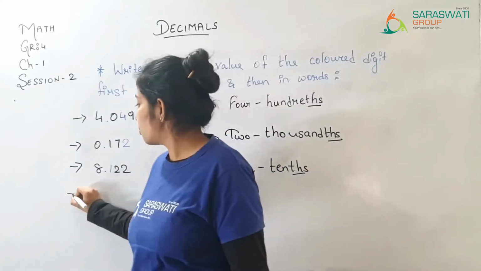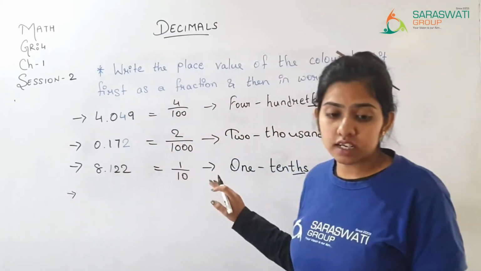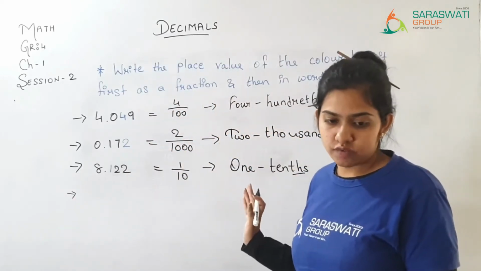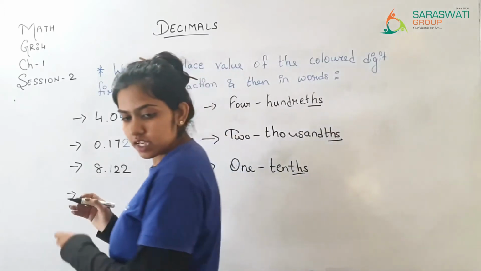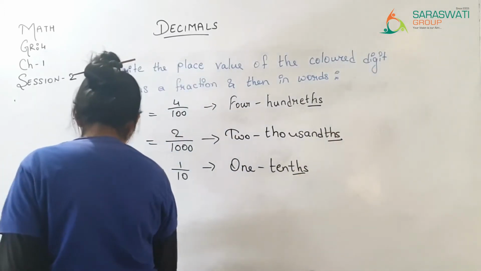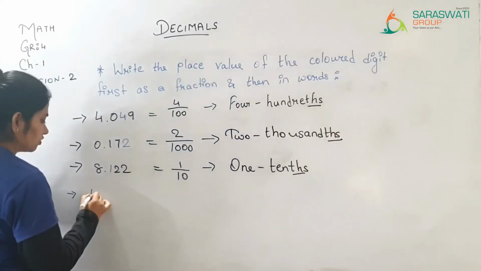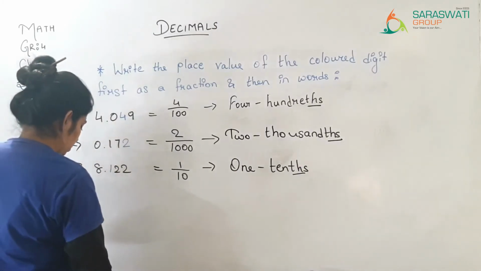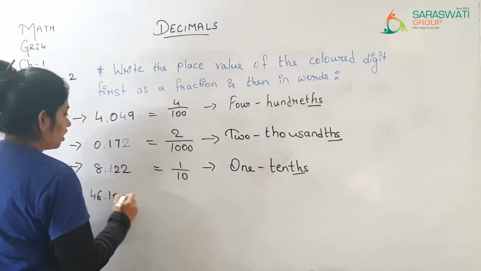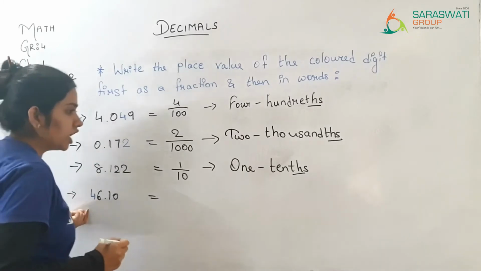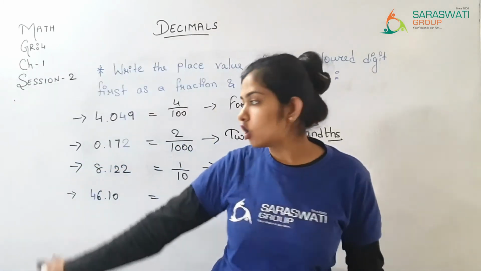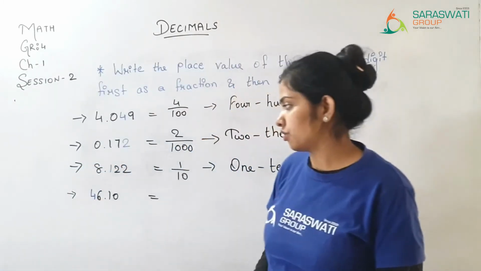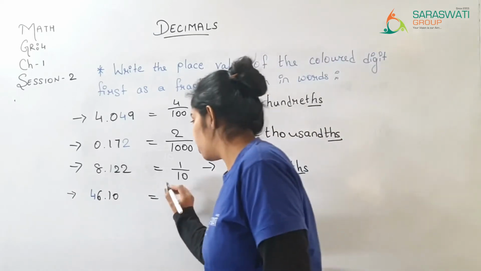Now for example, this we have seen that after the decimal point we have written the place value. Now if it is say, here the colored digit is on the whole part. वो whole part की जगह पर यानी कि 4. So that is your place.